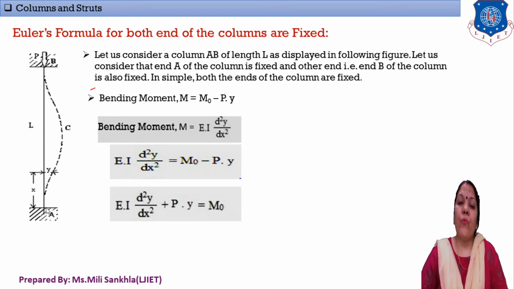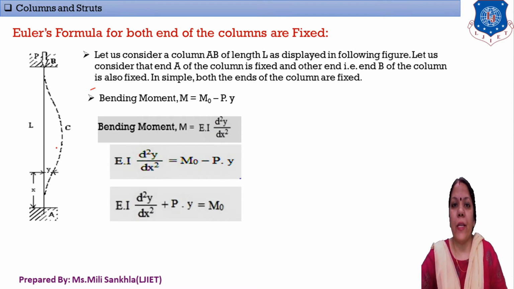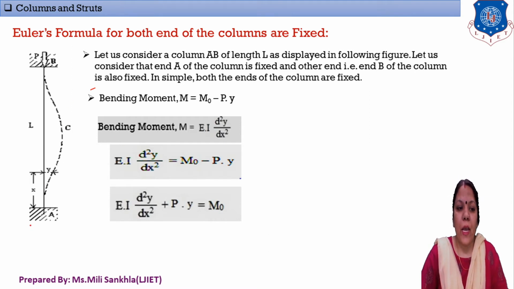Now, fixed support is subjected to horizontal, vertical and moment. In this figure, the column is subjected to an axial load, that is P, and second we mention our moment, denoted by M0.